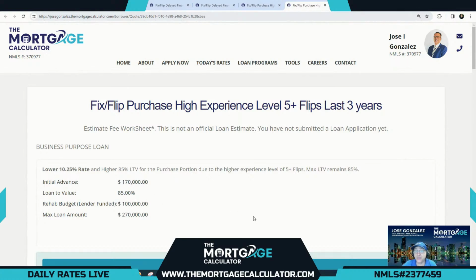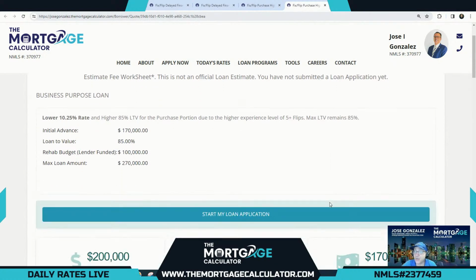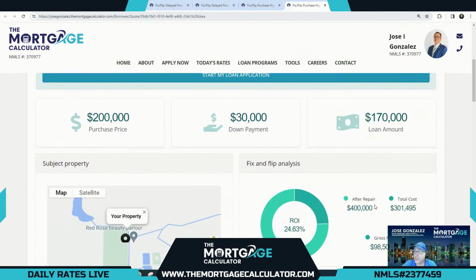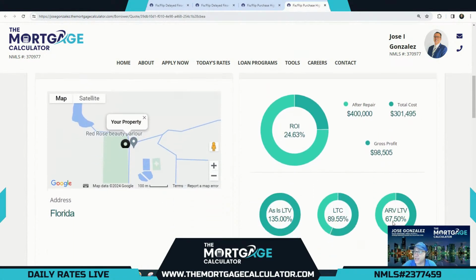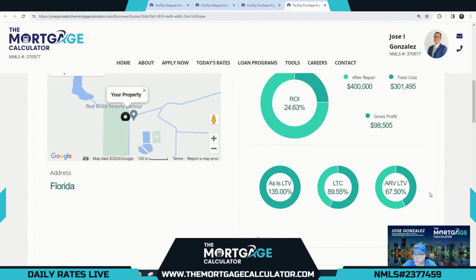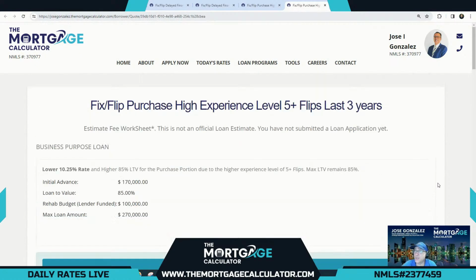So our rate does drop another 0.25% with the higher experience level. Everything else remains the same: ARV, LTV, the loan to cost percentage, except that my rate now drops to 10.24%. Everything else equal, they still got to come up with 15% down at the closing of the asset.